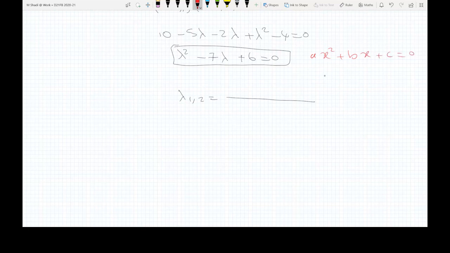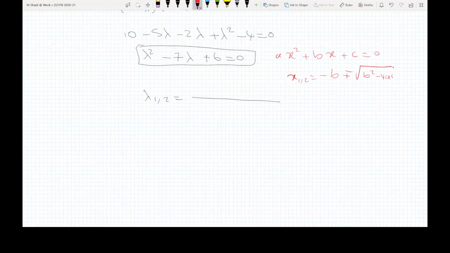The roots are going to be x1 and 2 are equal to minus b plus minus the square root of b squared minus 4ac, divided by 2a.